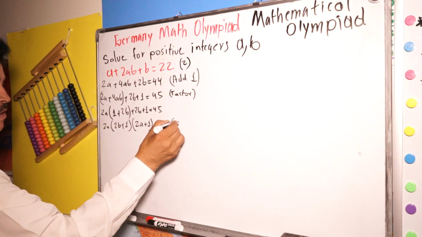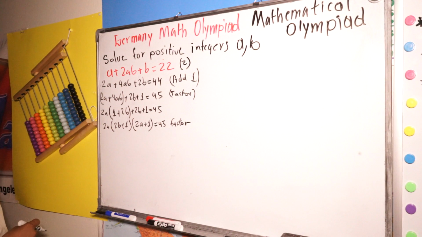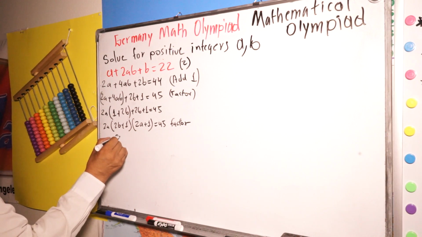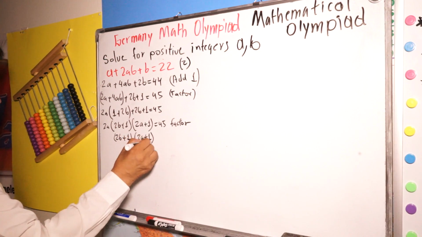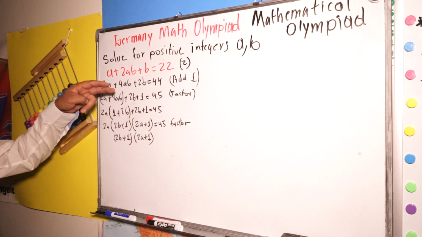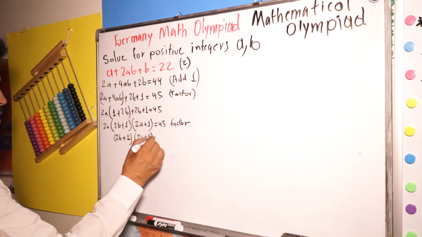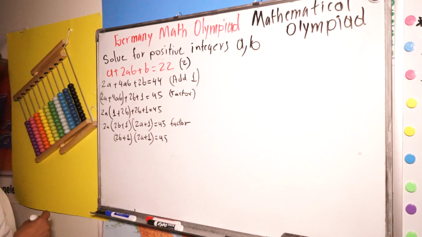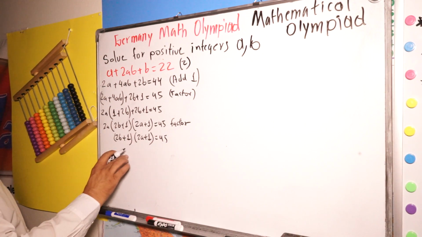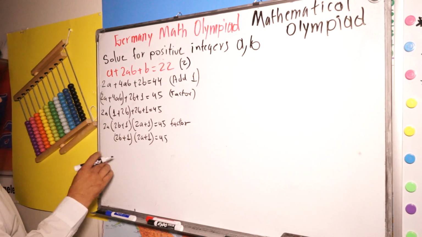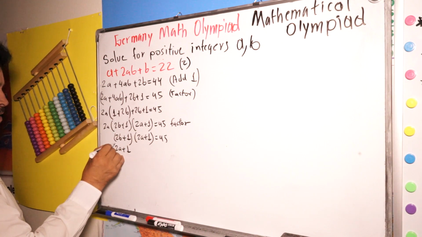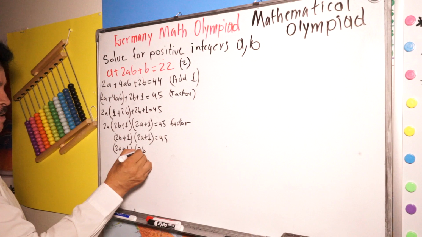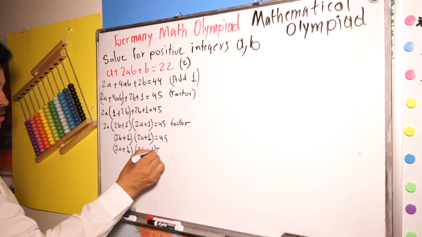You factor here, and we're going to have 2b plus 1 times 2a plus 1. Yeah, that's right. It's times here because at the top you added. So times equals 45. All right, so just organize in a different order. Just write 2a plus 1 times 2b plus 1 equals 45.